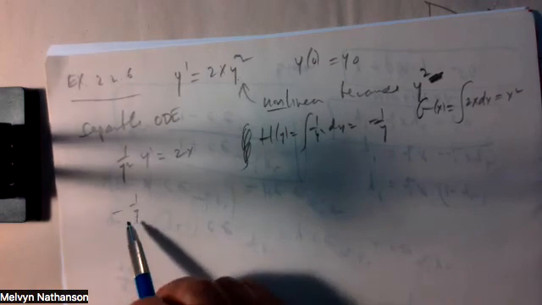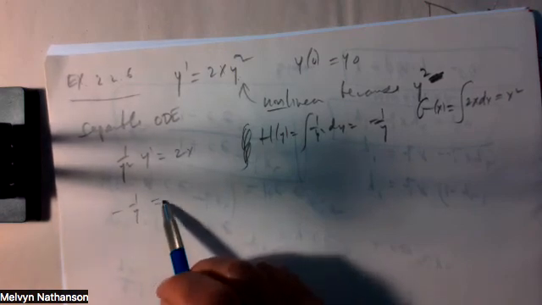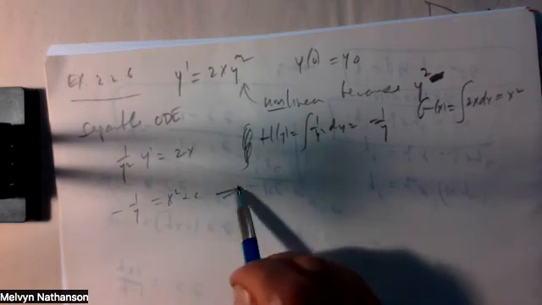So again, we see that minus 1 over y equals x squared plus c, or y is minus 1 over x squared plus c. So for y different from 0, this is a solution of the differential equation.